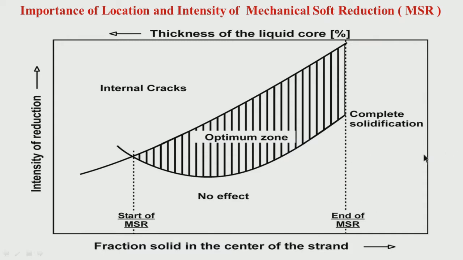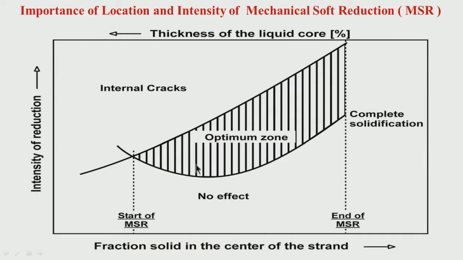So, beyond that you do not want to give it. You finish the soft reduction at the point of complete solidification, and you start it before complete solidification. The whole idea is to determine this area, the effective area.